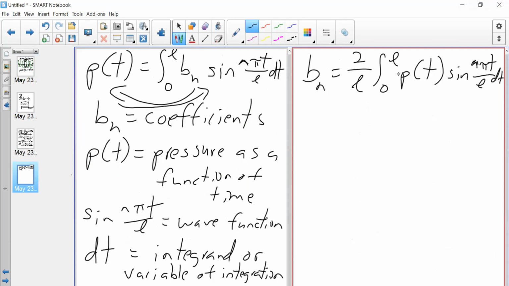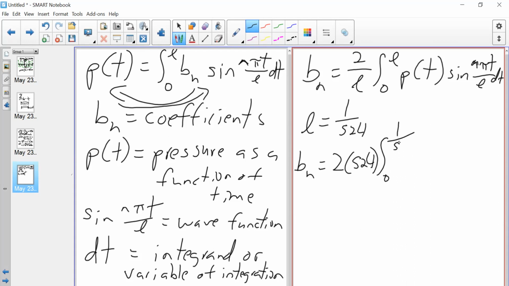Well, this b sub n's, this is the main function. So we know that L is equal to 1 over 5/24. So 2 over L is going to be 2 times 5/24. So you're going to basically see, this is going to look like this. 2 times 5/24. And now we're going to go from 0 to the length, which is 1 over 5/24. And then we put in our P of t function. It's an arbitrary function that we'll deal with accordingly.